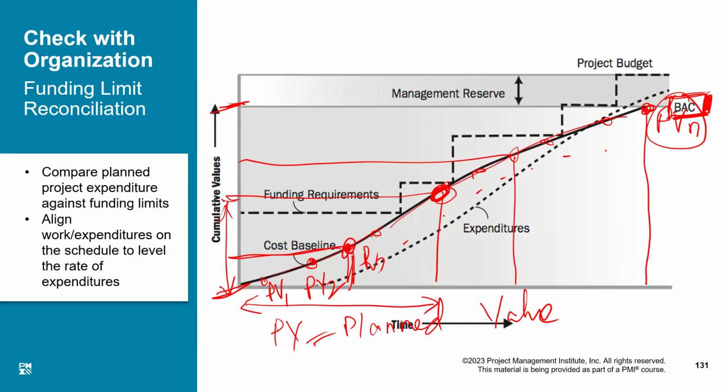It is not necessary that all of the management reserve will definitely be consumed, but we have a limit of management reserve, and out of this much total, we may have to utilize this much to complete the project.